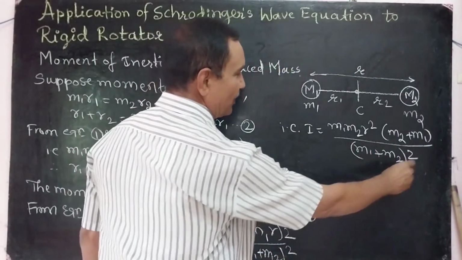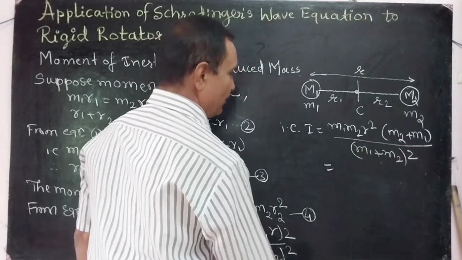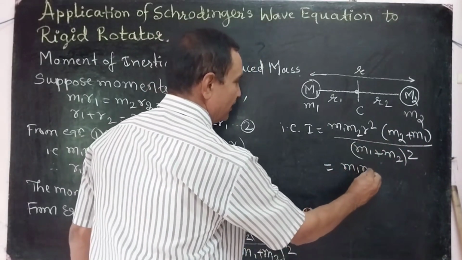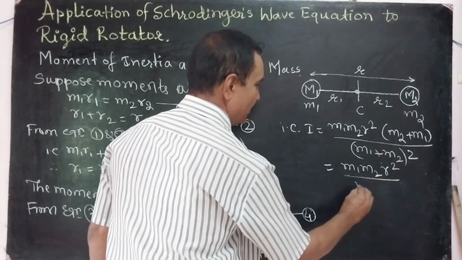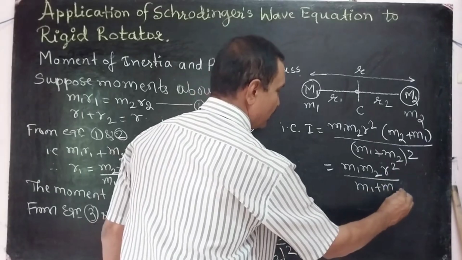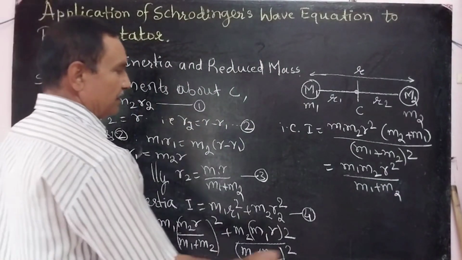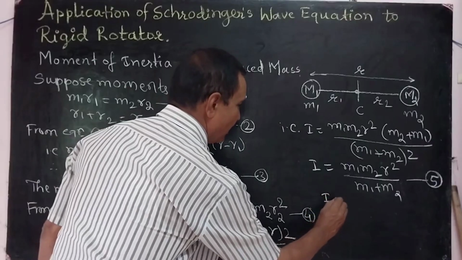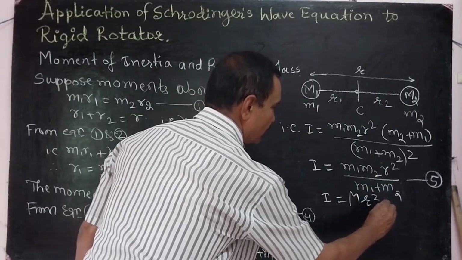Then one (m1 plus m2) gets cancelled, and you get m1 m2 r square divided by m1 plus m2. Then we write I equals mu r square.